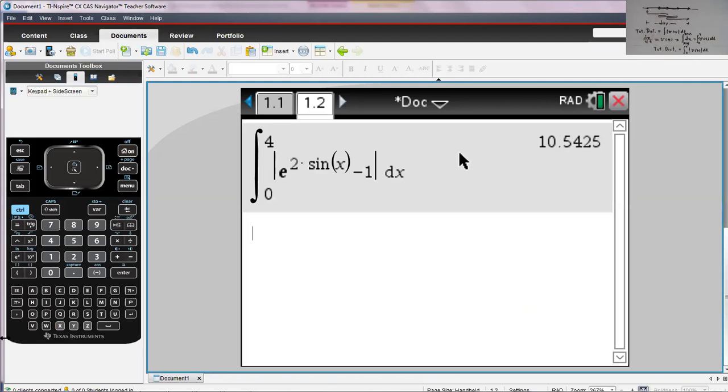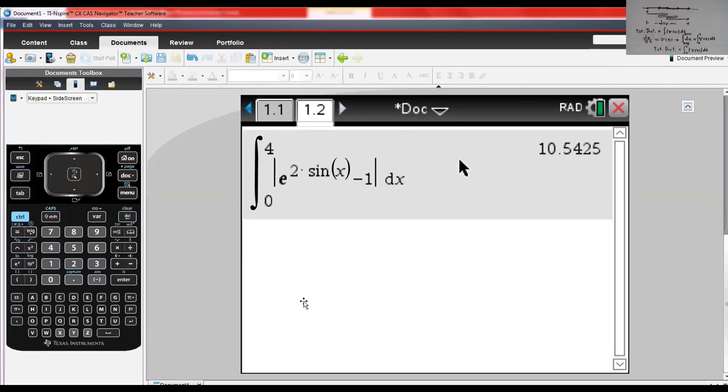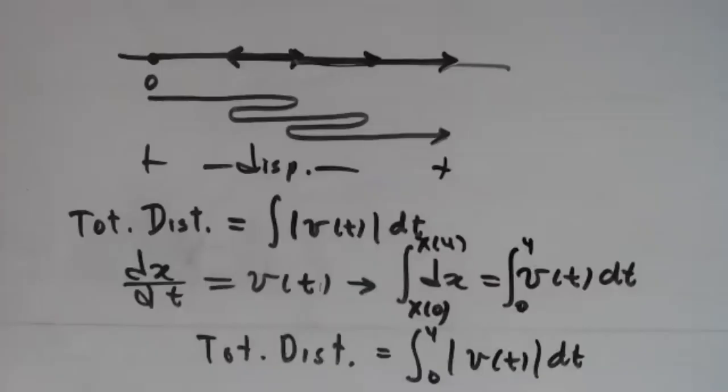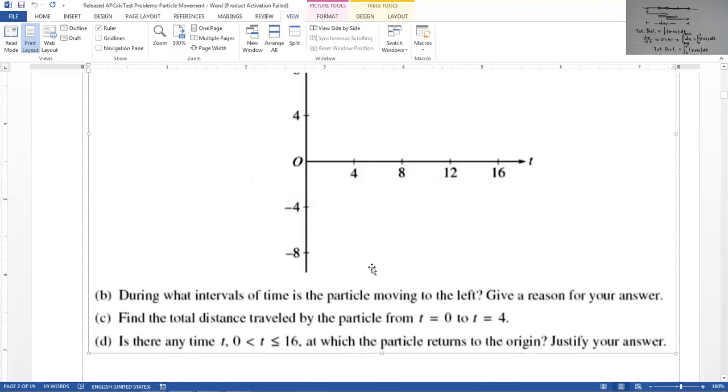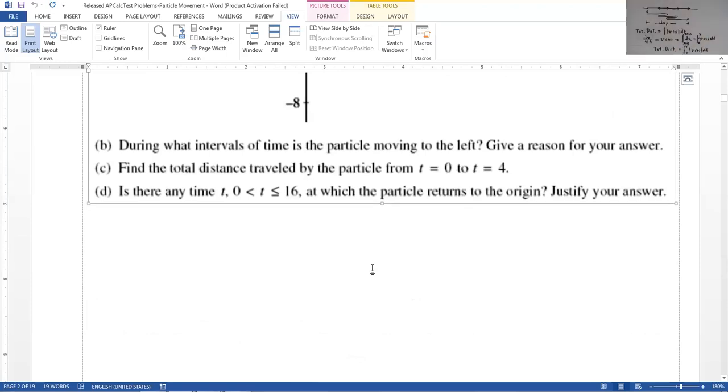Okay, let's go back to the assignment right here again. Let me stop share and go to the problem. This one right here. Let me go to question V. Is there any time t between 0 and 16 at which the particle returns to the origin?